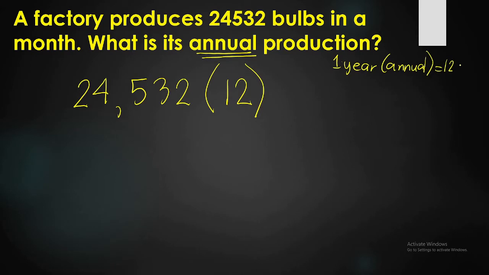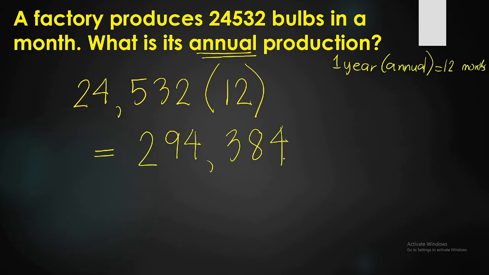So we multiply the 24,532 per month by 12. And how much is the result? Any volunteer? Yes, Riza. 384. Is this correct?